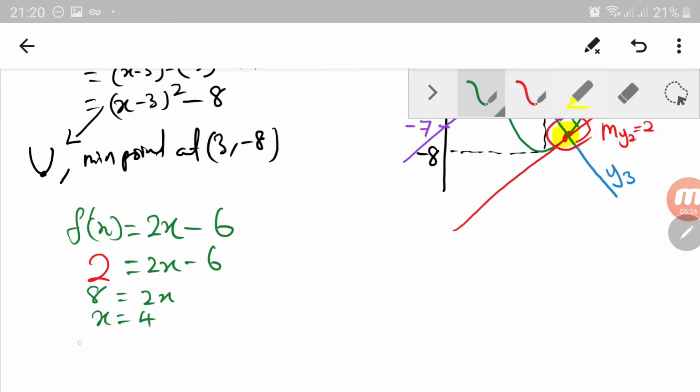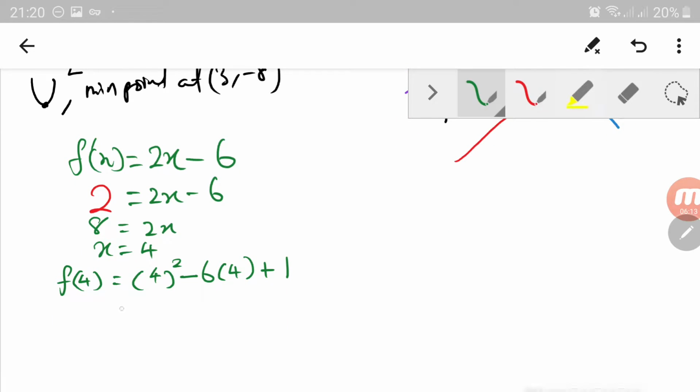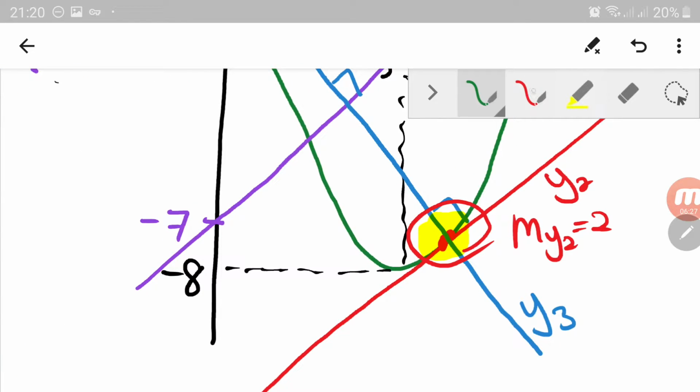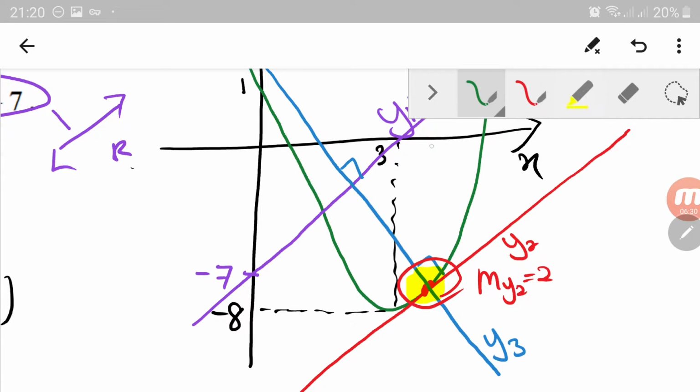When x is 4, f(4) we just use the original equation: 4 squared minus 6 times 4 plus 1, which is 16 minus 24 plus 1, which is minus 7. So the point that we highlighted is (4, minus 7).